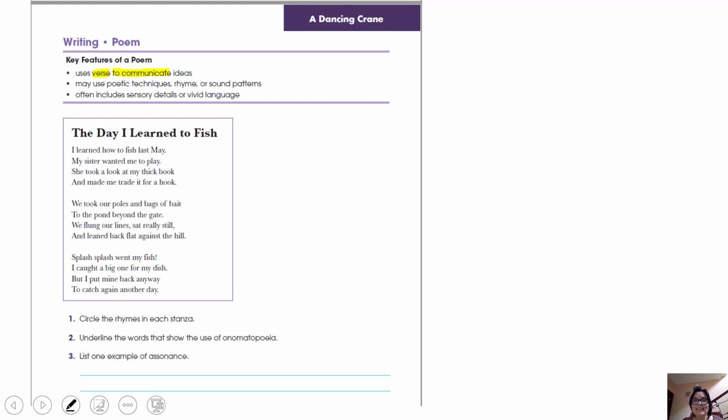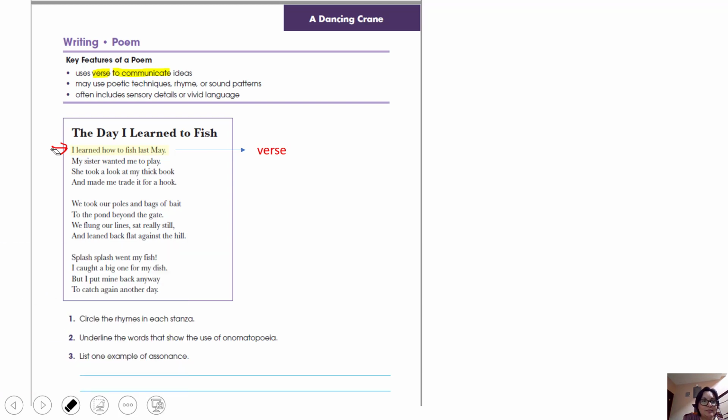But in poems, we do not call them sentences. We call them verses. So, for example, the one that I have here, look at the poem. What you have in here, I learned how to fish last May. That is a verse. So I want you to identify it, underline that, and write verse.